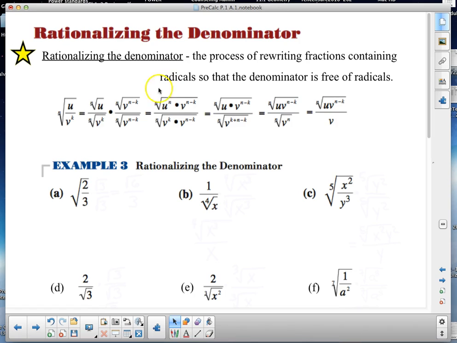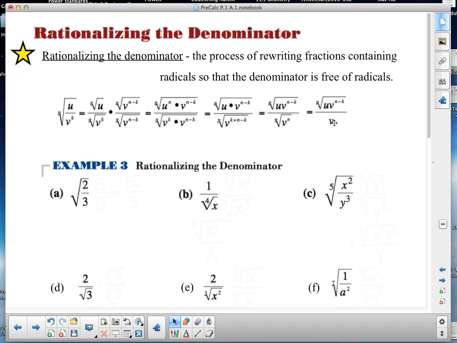Please notice, because of the different indices, I have to make sure that when I multiply something to rationalize my denominator, I am multiplying the nth root of v to the k power by the nth root of v to the n minus k power, because whatever is left over has got to be n underneath, so it just comes out as v.